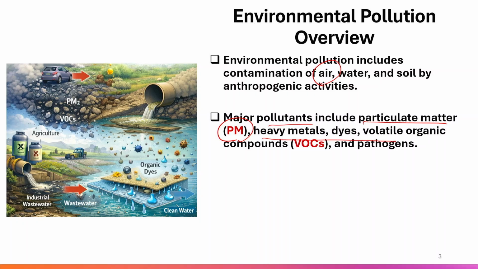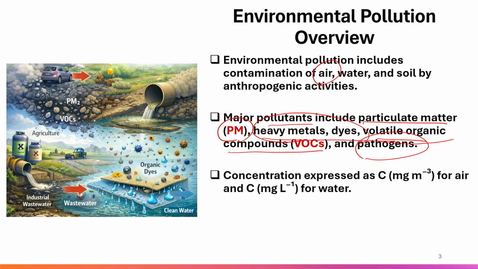Heavy metals and dyes are basically responsible for water pollution, which we will discuss in the next course. Volatile organic compounds also generate air pollution, and pathogens are mainly responsible for water pollution.